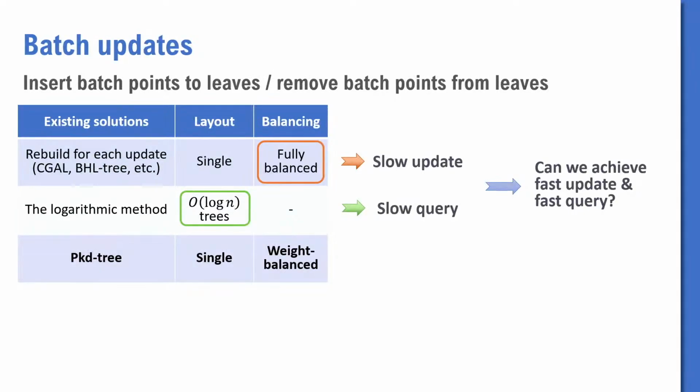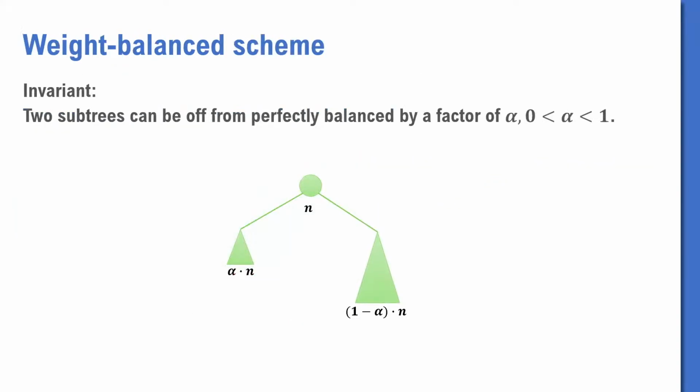Yes, in our PKD tree, we can use a single tree in a weight balanced manner so that you can have fast queries and fast updates. In case you don't know what a weight balanced tree is, as we just mentioned answering Kuba's question, it's just that if the two subtrees don't differ by a lot, then we call it weight balanced. Okay, so you can control the imbalance ratio, and in 1D, there's a data structure just called weight balanced tree.